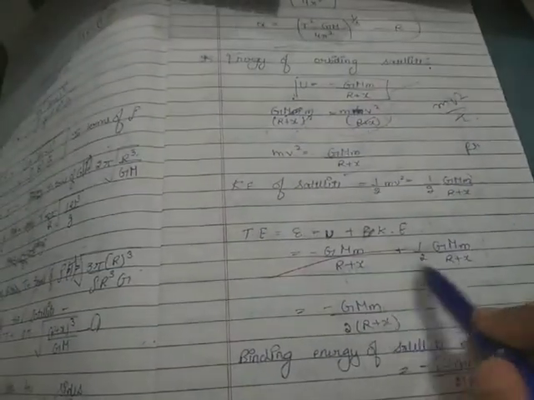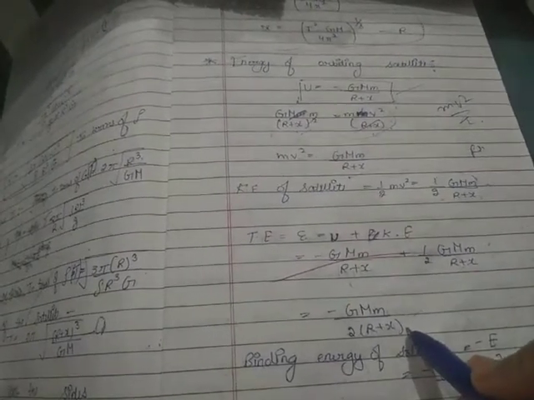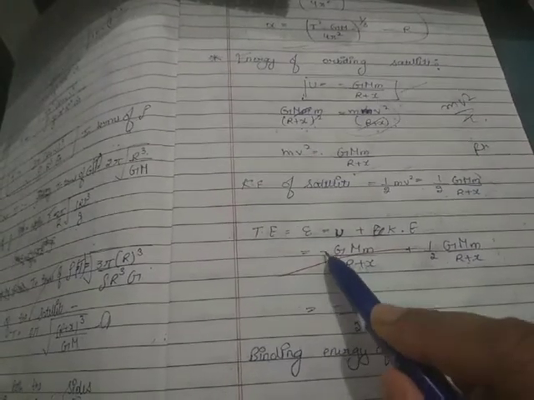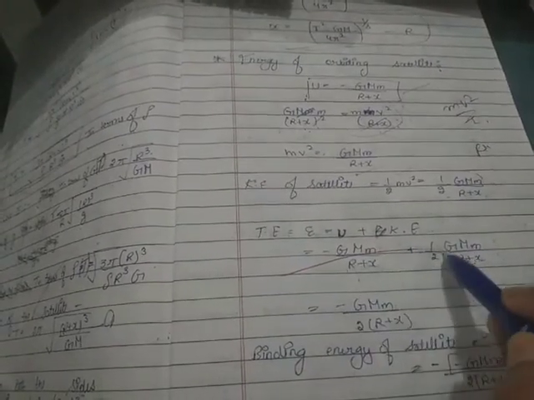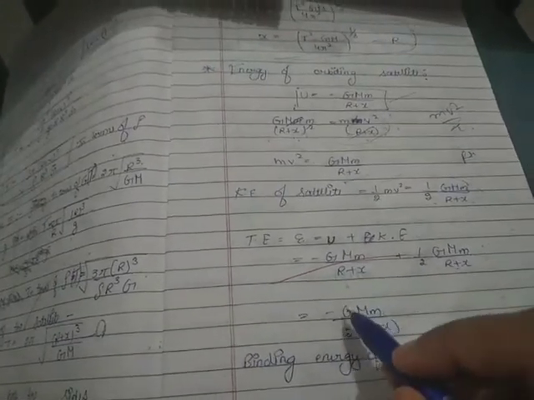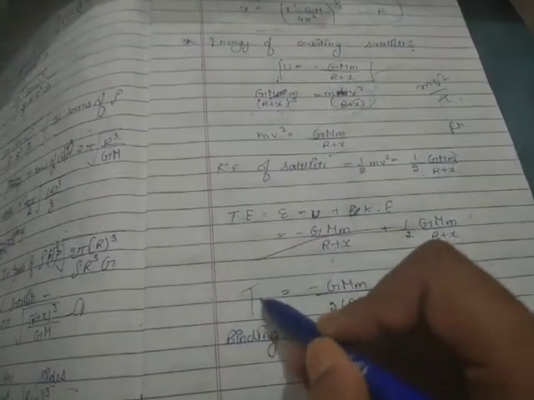So by solving these two terms, we will take 2(r plus x) as the denominator or LCM. So this term will become minus 2GMm plus GMm, so it will become minus GMm by 2(r plus x). So this is the total energy.